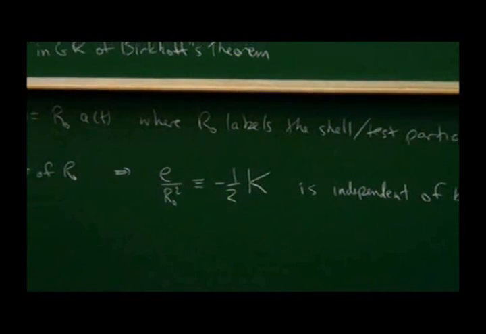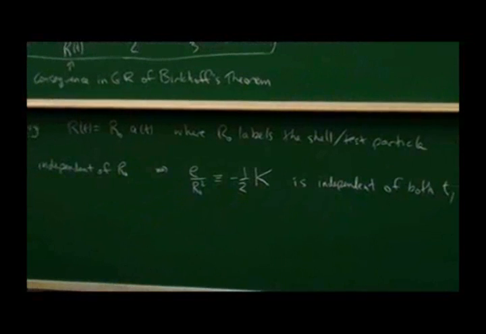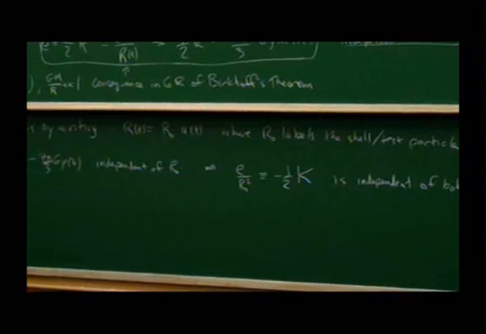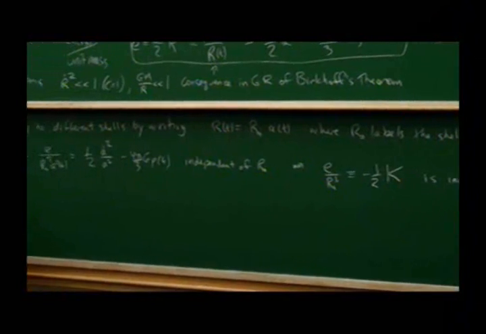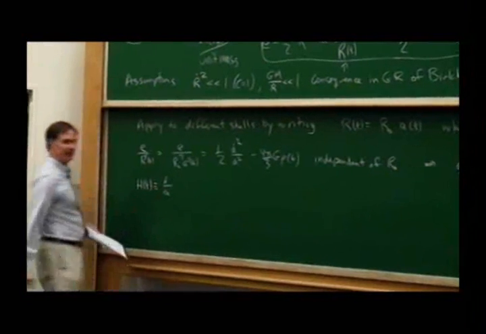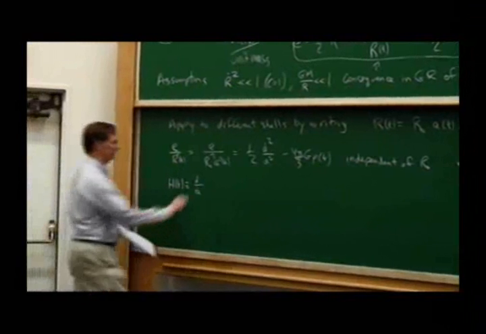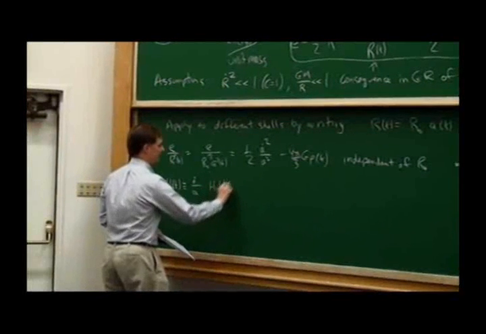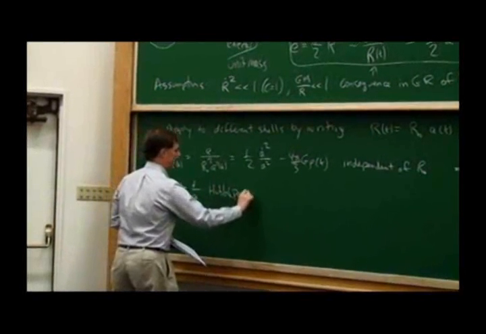All right. I can rewrite this equation now. Oh, I'm going to make one other definition. I'm going to define A dot over A. I'm going to call that a function H of t, which is called the Hubble parameter.